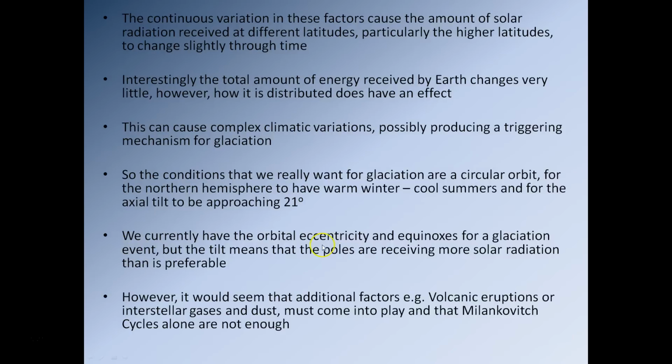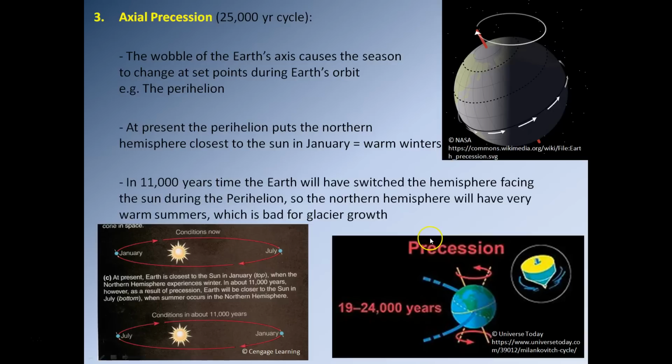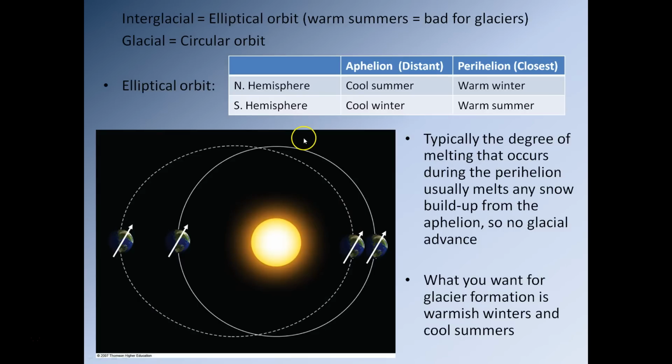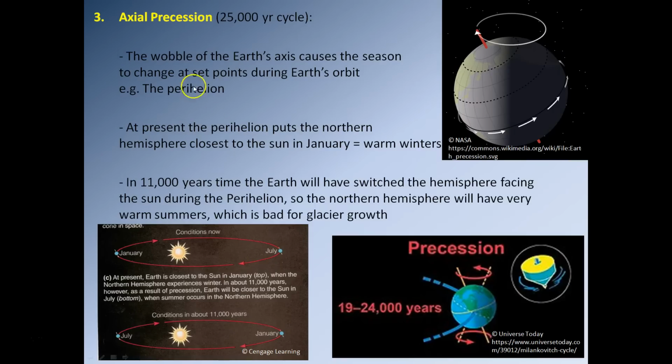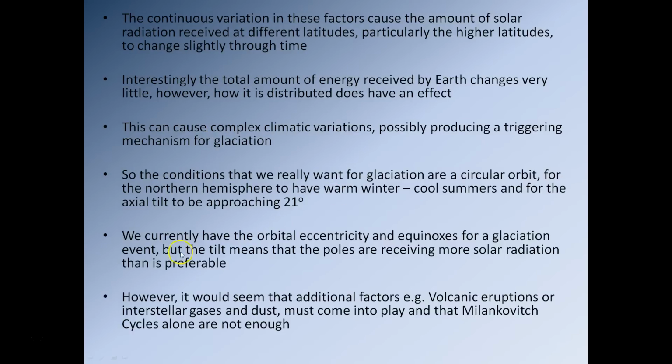So we currently have the orbital eccentricity and the equinoxes, so we have option number 1, and we have option number 3 on our side. However, the tilt means the poles are receiving more solar radiation than is preferable, so it means our summers are currently too warm, and so that means the glaciers do not have the possibility of expanding.